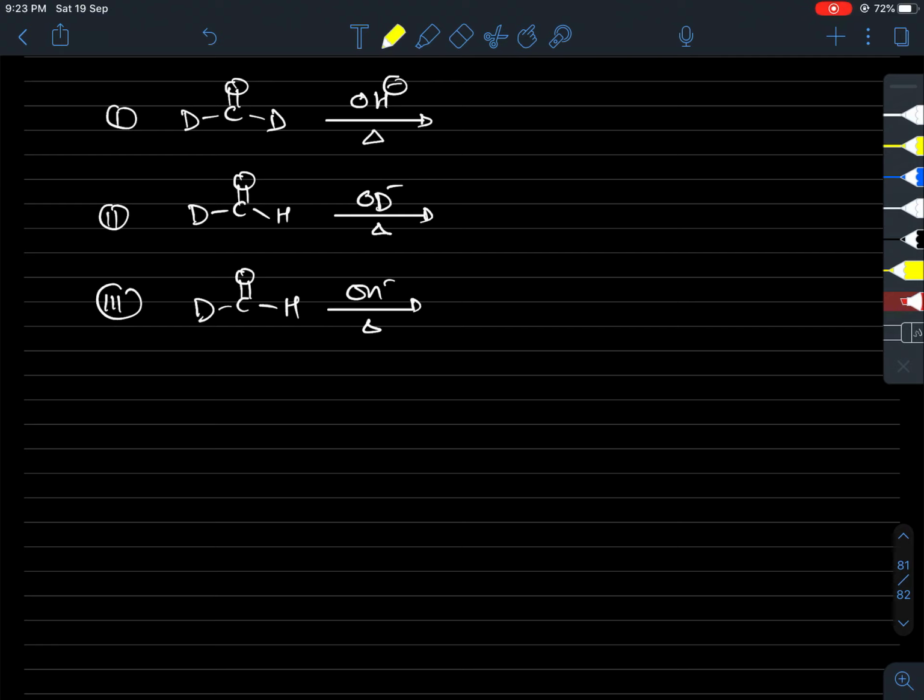So I am going to tell you the mechanism for the very first one. So what will happen, that OH minus is going to attack as a nucleophile, which will finally break the pi bond of C double bond O, and this tetrahedral intermediate will be generated. Right, and thereafter what will happen?